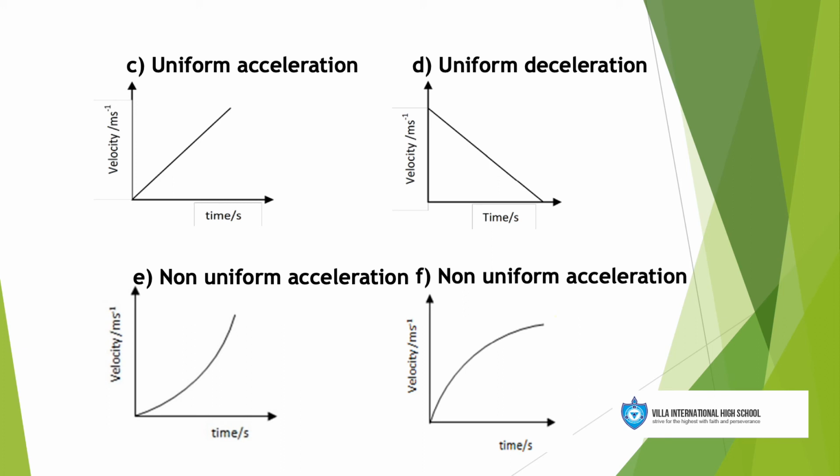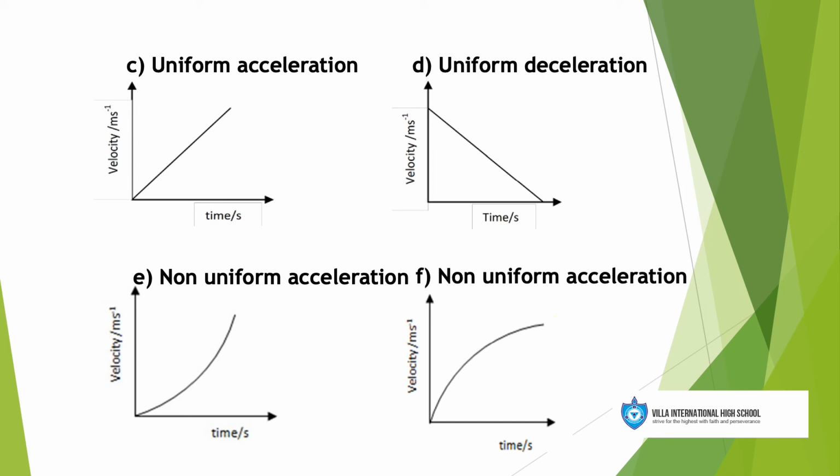Let's see. In the first one, both gradients are positive, which means that both have acceleration. Here the gradient is less at the beginning and the gradient is increasing, which means that acceleration is less and acceleration is increasing.